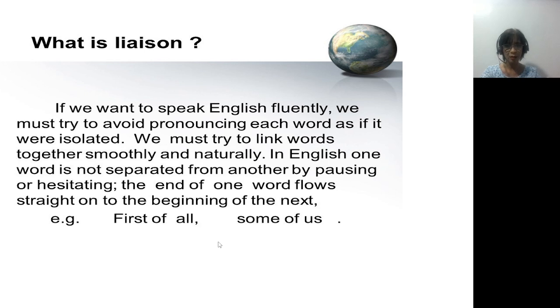For example, instead of saying first of all, we say first of all, and some of us. If you need to pause or take a break, that's all right. But as much as possible, try to put the words together so that they will sound more natural.